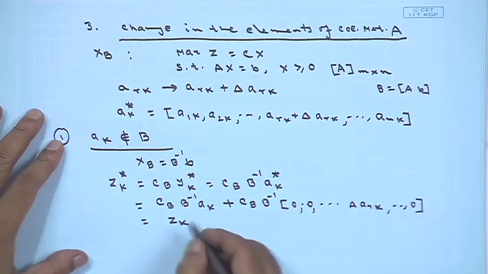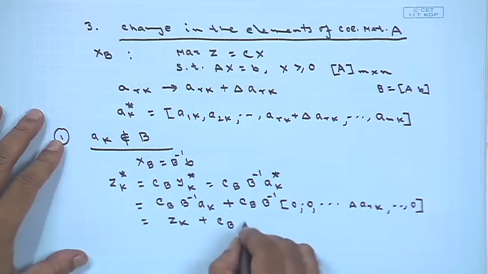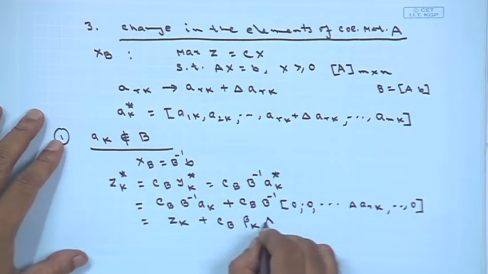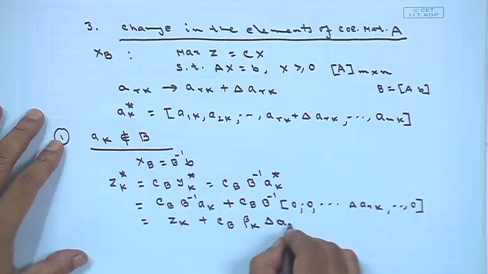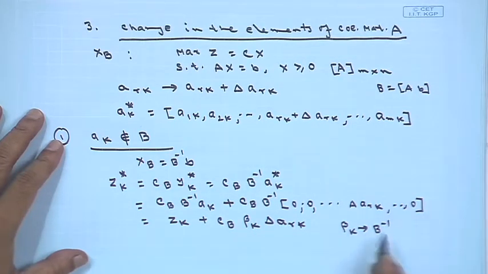So, this is z k plus C B into beta k into delta a r k, where beta k is the kth column vector of B inverse. So, z k star after the change becomes z k plus C B into beta k into delta a r k.